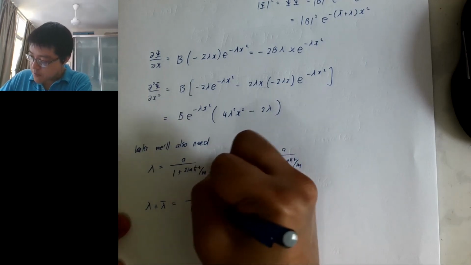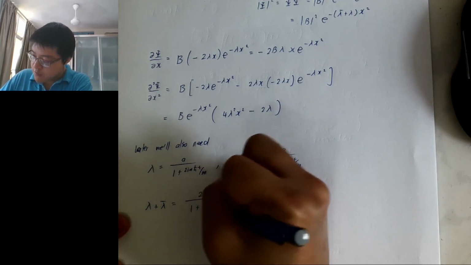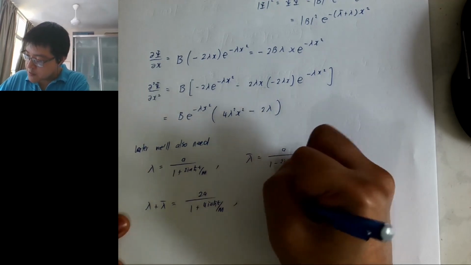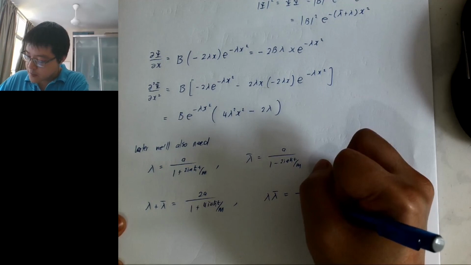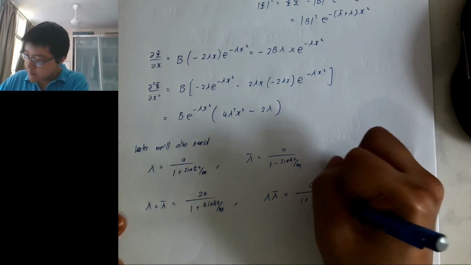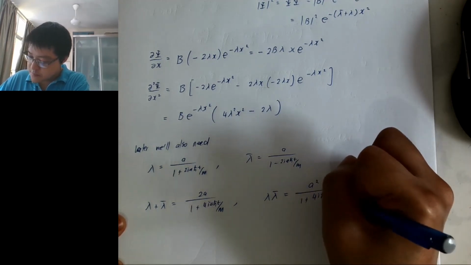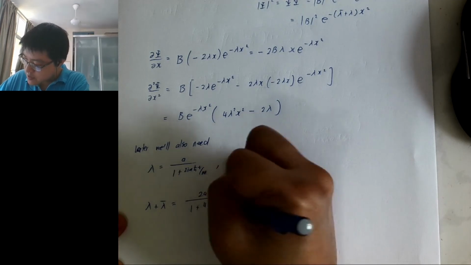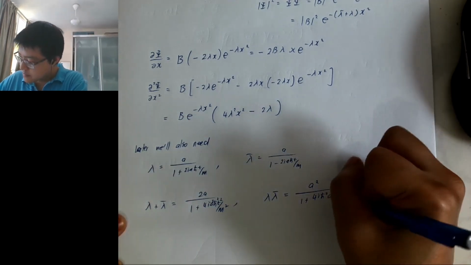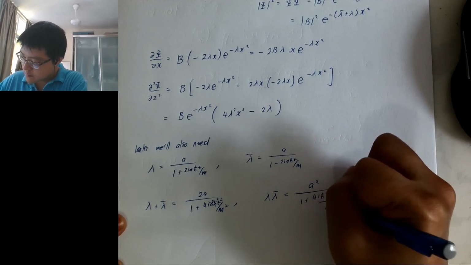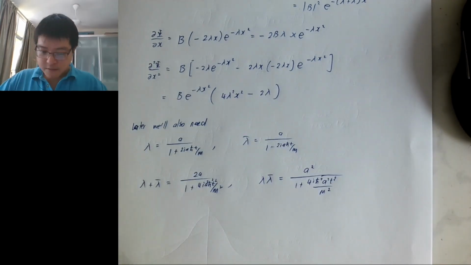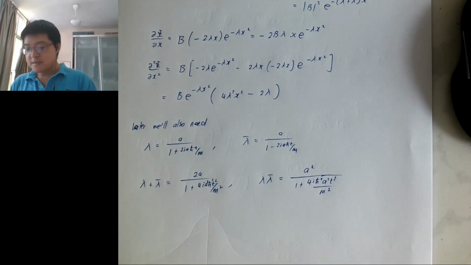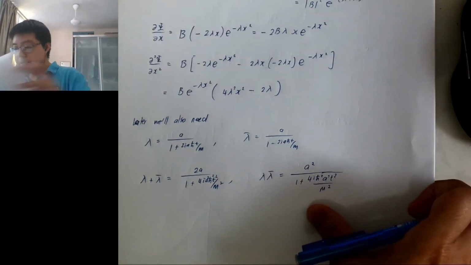And then we will also need lambda times lambda bar multiplied together. This is just a squared times (1 plus 4 a squared h bar squared t squared over m squared). So we're going to need this later. Need a lot of preparation just to start the calculation. But now let us start.